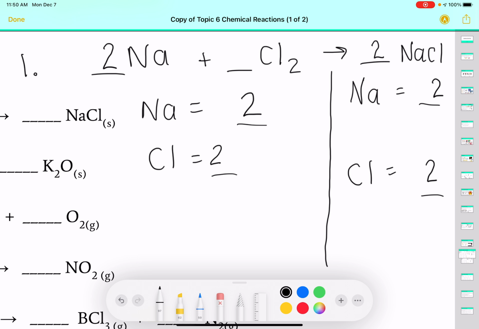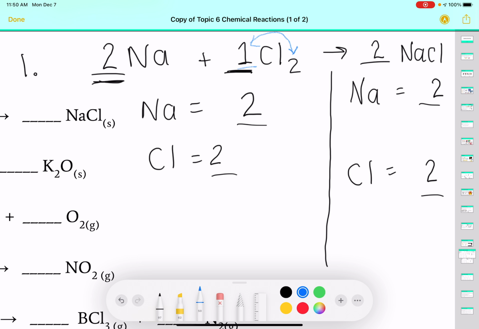So it's balanced, okay? That 2 right here is saying there's 2 of everything behind, which is just NAs. There's nothing on this CL2 line, so we don't put 0 there. If we have nothing to write, it becomes a 1, all right? Because those big numbers, those coefficients in the front, they're basically multiplying by the small numbers.